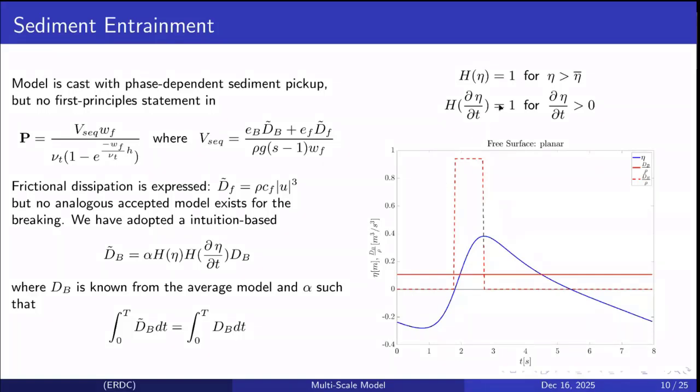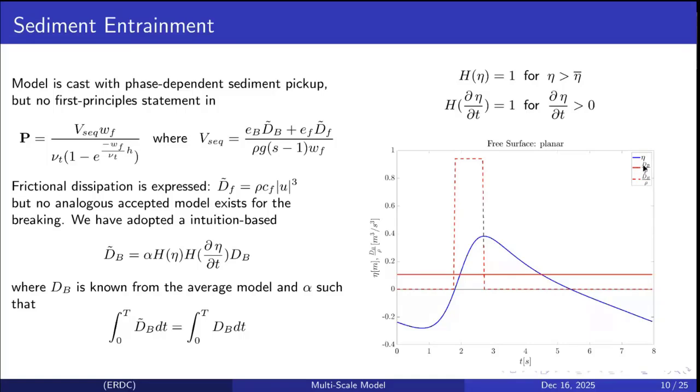In that case, the Heaviside function is equal to 1 for all rising values for eta. So for all values of eta that are larger than eta bar, and for all rising values, meaning for this region here, throughout that region of the phase, that's where we assume that we have the dissipation due to breaking.